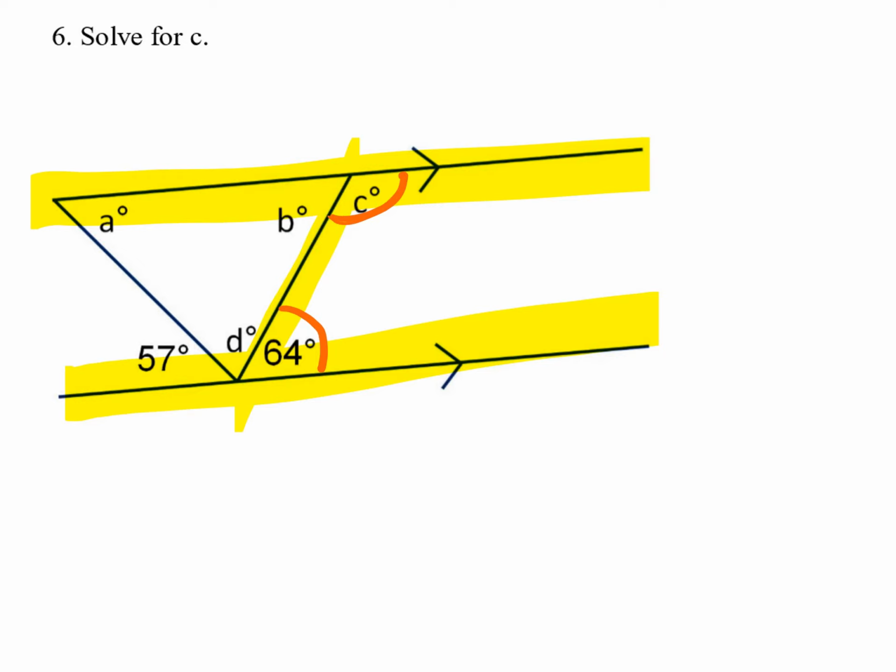These two are same side interior, and so they would together add up to 180. So 180 minus 64 will give you 116 degrees. So that would be angle C.